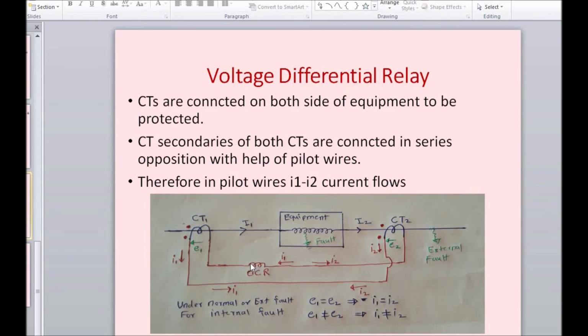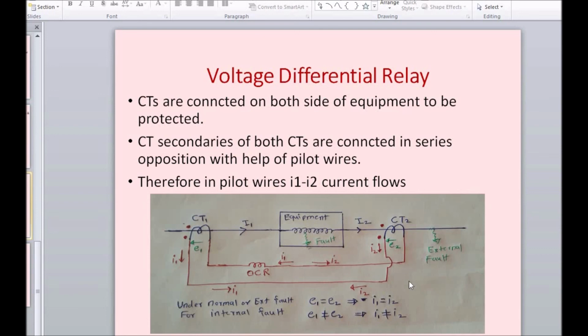That current flows through this relay operating coil and the relay will operate. Therefore, here the relay operates based on the difference in the EMF induced in the CT secondaries. That difference in the EMF induced causes a current flow in the pilot wires.